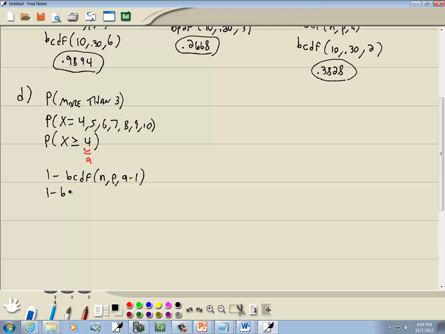Okay, so we got 1 minus binom CDF N, which was 10, P, which is 0.3, and A minus 1, so we got 4 minus 1, or 3. It's 1 minus binom CDF, 10, comma, 0.3, comma, 3.